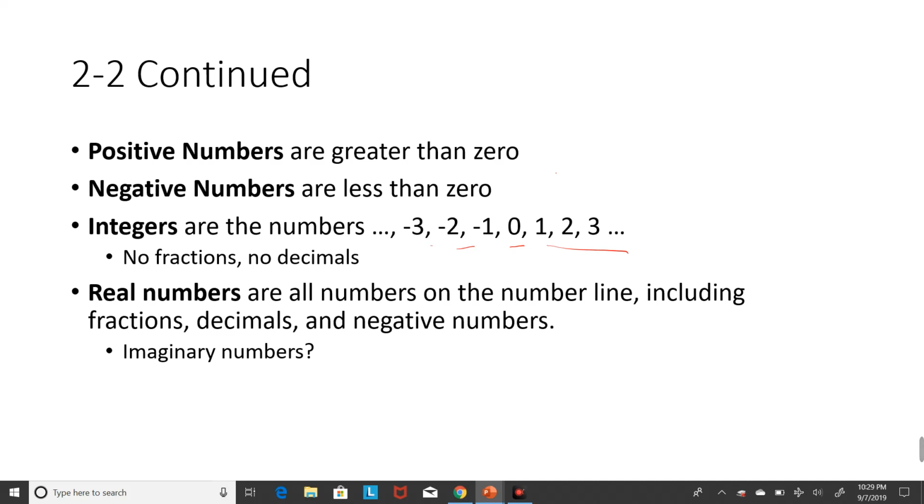So maybe you're super curious and you're thinking, if there are real numbers, are there imaginary numbers? Yes, there are. I don't know that we'll get to any imaginary numbers this year, but you would definitely see them in Algebra 2.